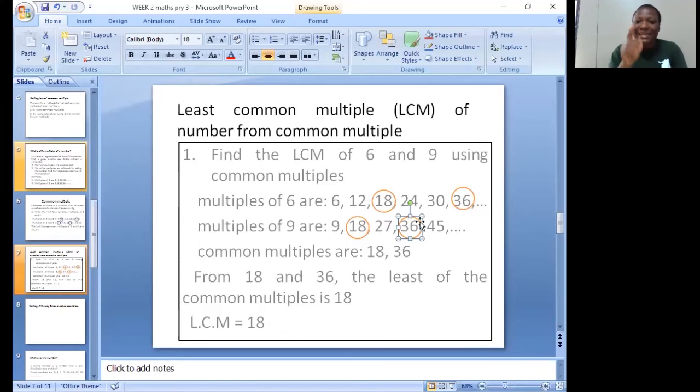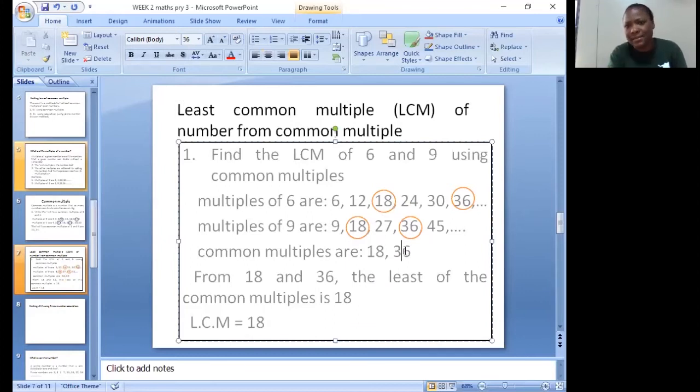From 18 and 36, the common multiples of these two given numbers, 6 and 9, are 18 and 36. The least, the smallest of the common multiples that we have circled, is 18.